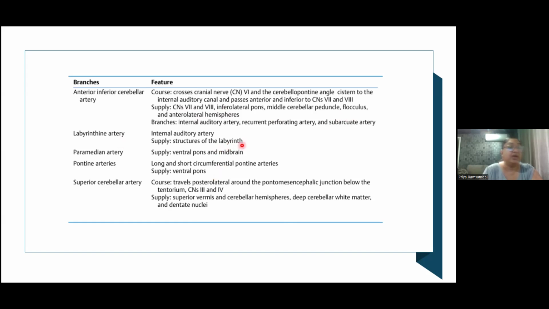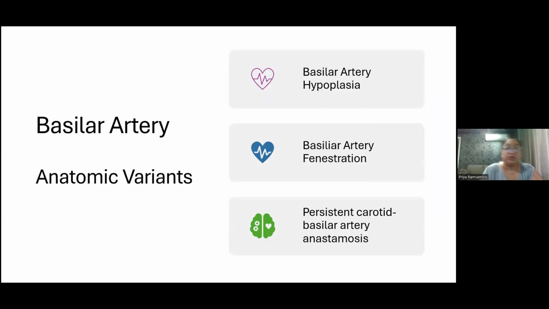Structures of the labyrinth. Paramedian and pontine arteries would supply the ventral pons, and our superior cerebellar artery, importantly, as it travels posterior laterally below the tentorium and cranial nerves 3 and 4, it supplies the superior vermis as well as the cerebellar hemispheres. Okay, so pay attention and review this table as you need to as we move on.